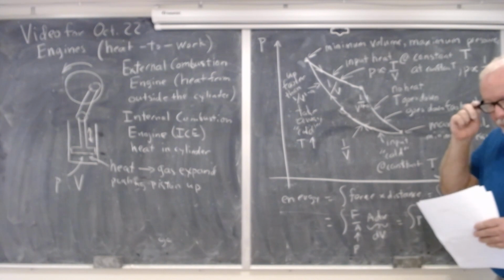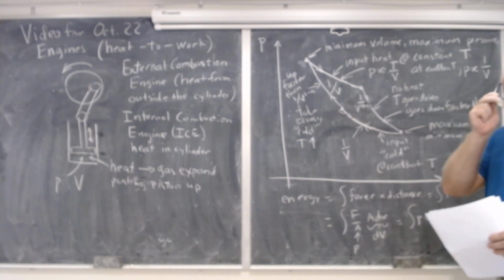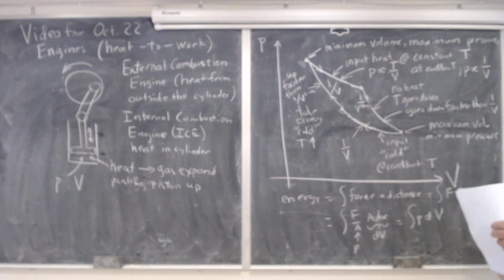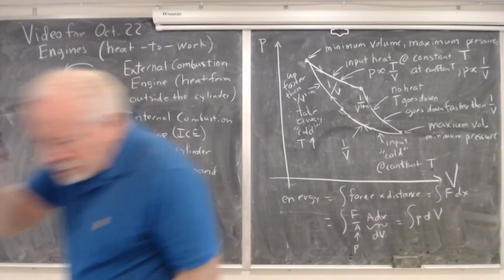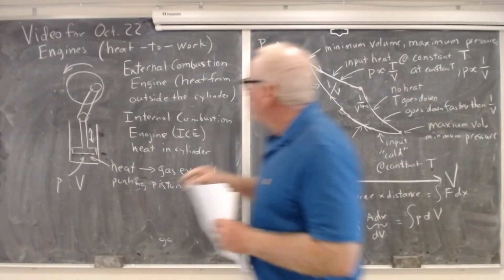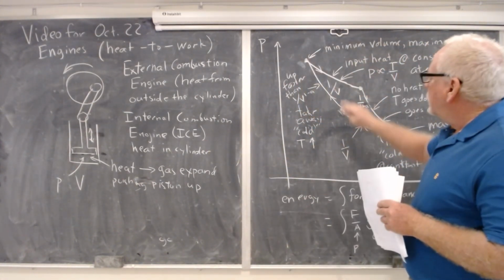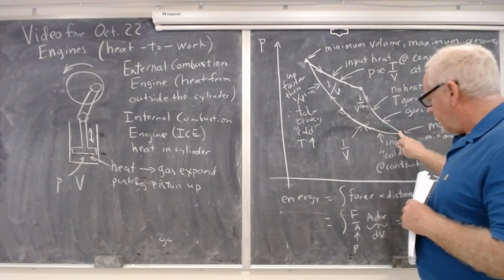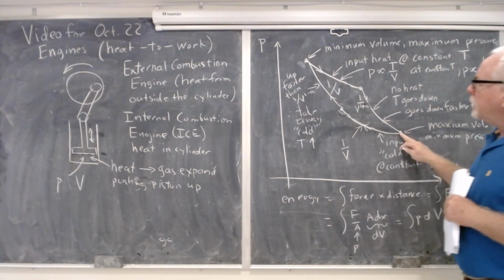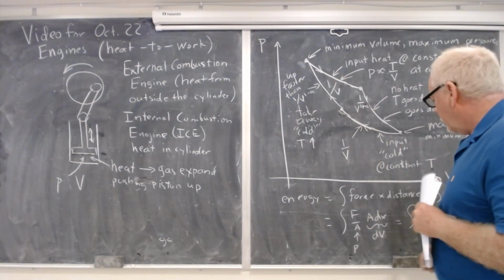Now I realize this is a lot to take in, especially if you've never had engineering classes like this. But the point is that when the piston is going up, there is work being done equal to the integral of these curves. Now remember what the integral is: that's the area under the curve.